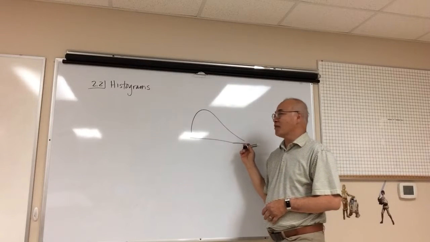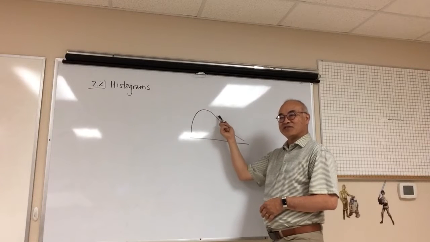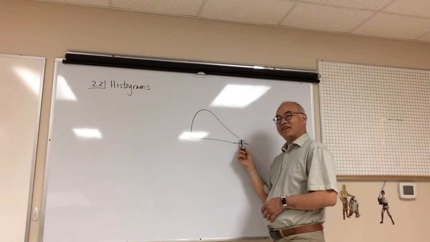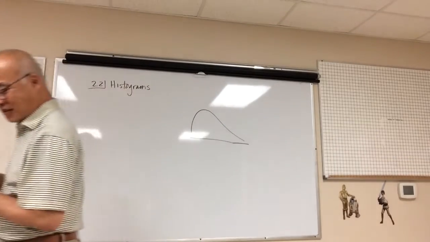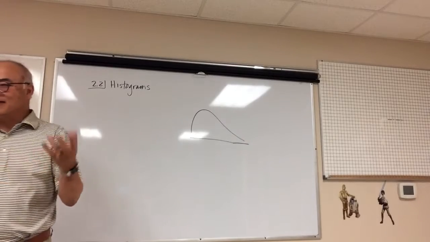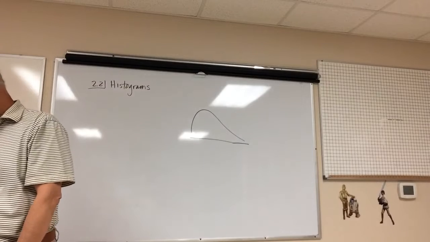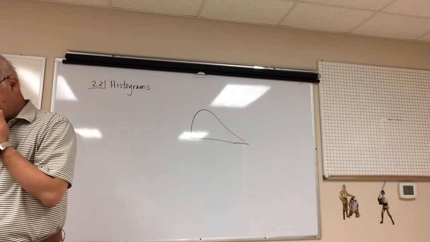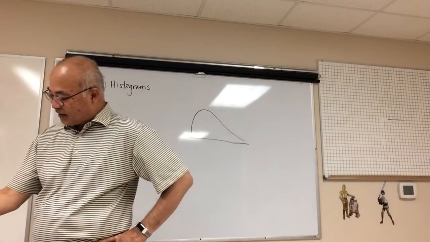Another way to remember this is to think of a guy skiing down to the right. Skewed to the right. It's not what you would think, it's the other way around. Skewed right, skewed left. Make sure you understand that. Okay, so we got that.